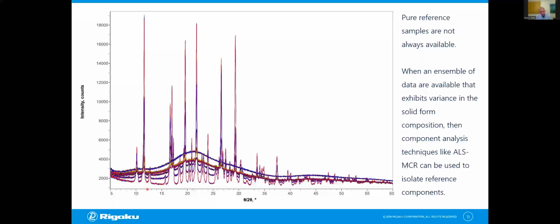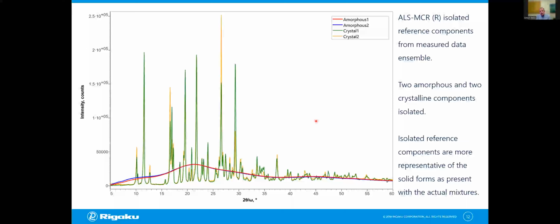So if we take this data ensemble, which is an artificial data ensemble for indomethacin with various crystalline components, amorphous indomethacin with various degrees of crystallinity in it, the ALS MCR program, as implemented in R, again, that's a free statistical platform. The ALS MCR is a library that you can just plug in and run. I find that to be one of the more useful ones that's freely available.